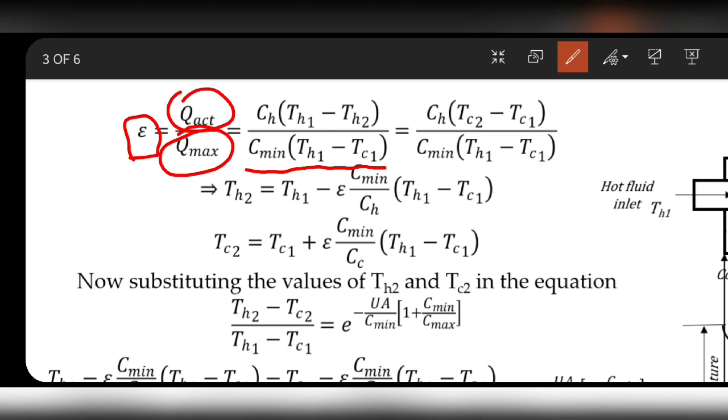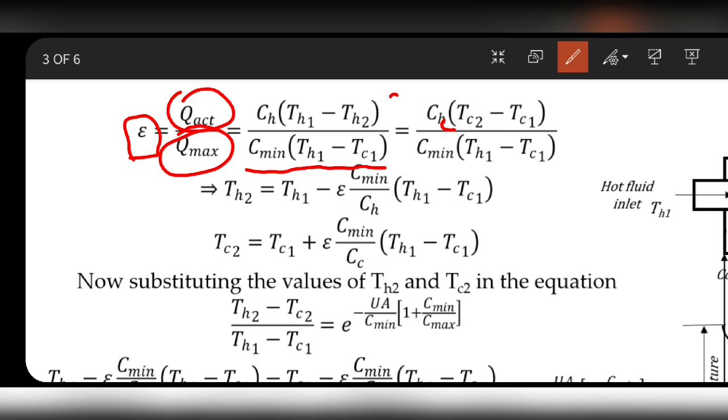So Q max is given by C minimum into TH1 minus TC1, and that can be written for hot fluid as well as for cold fluid. Here we have CC into TC2 minus TC1 divided by C minimum into TH1 minus TC1.